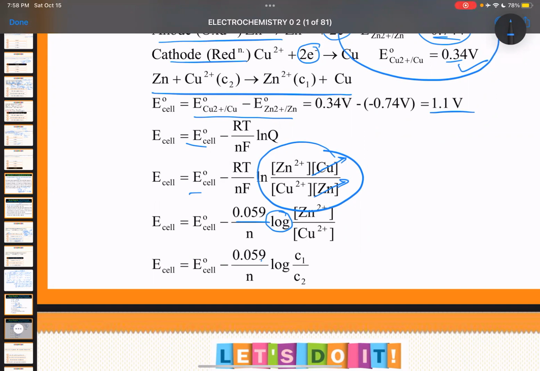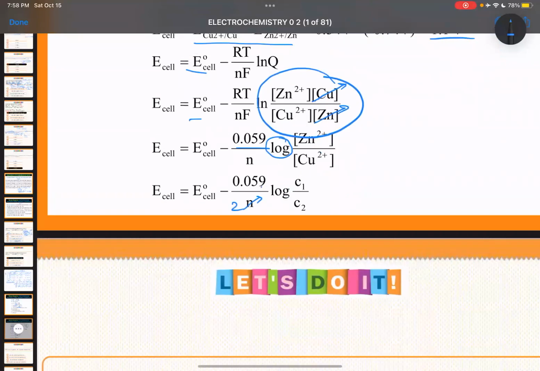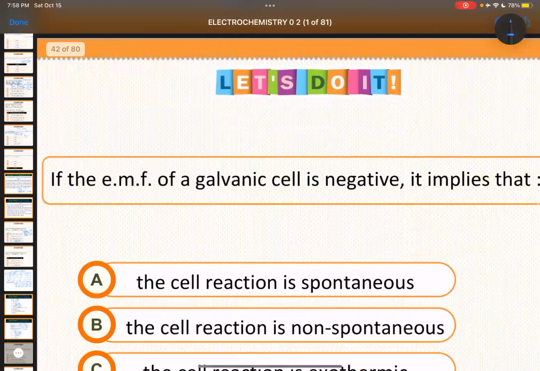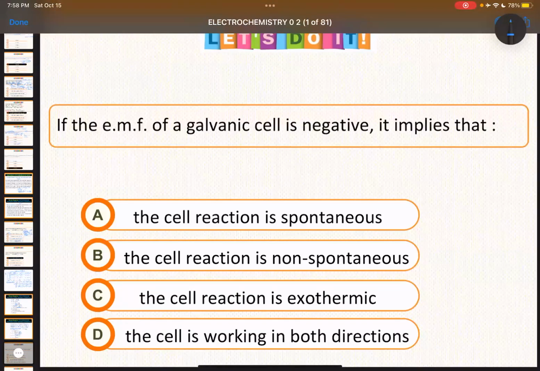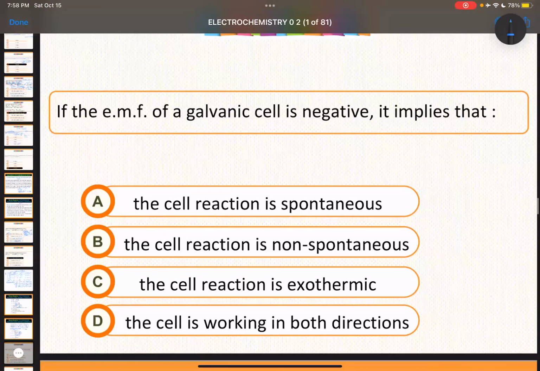So you take the concentration of zinc and copper. And n is going to be 2, because 2 electrons are transferred. According to whatever concentrations are given, you can calculate the EMF of the cell. So let's do this question. This is just the basic one.